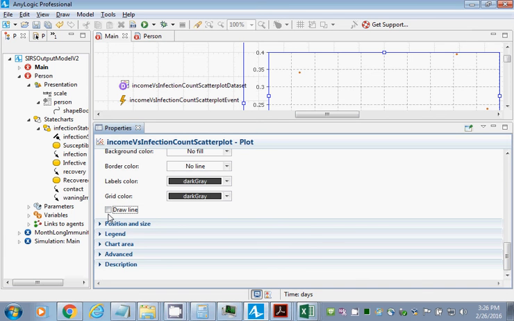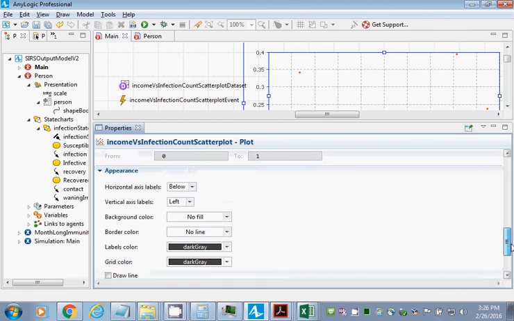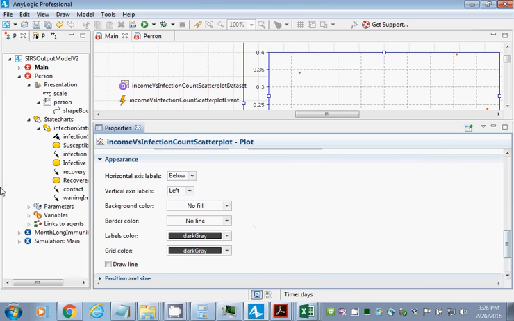Okay, ladies and gentlemen, so we're going to run this. What do you see here in terms of this scatter plot? The scale is messed up. Well, yeah, it's a log normal distribution, so there's some people with very high incomes. Let's confine it to between 0 and 5,000.